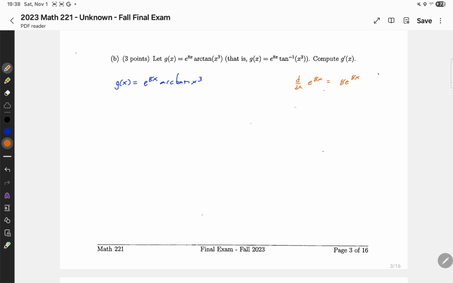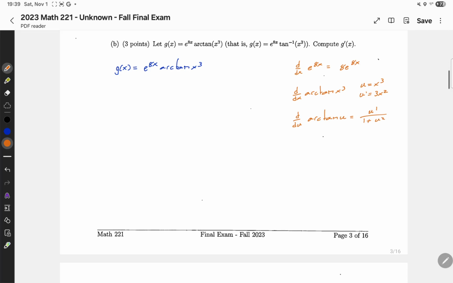And now when we look at the derivative with respect to x of arctan x cubed, we're going to want to let u be equal to x cubed, which gives us u prime is equal to 3x squared. Recall that the derivative with respect to u of arctan u is just going to be equal to u prime over 1 plus u squared.